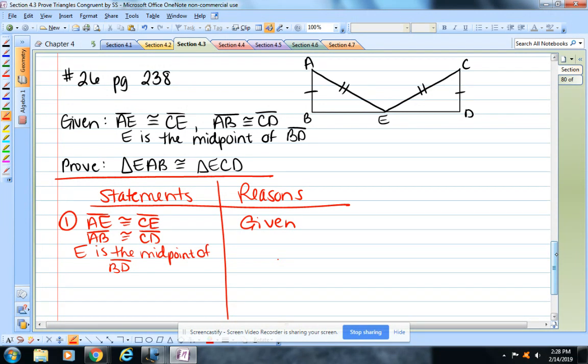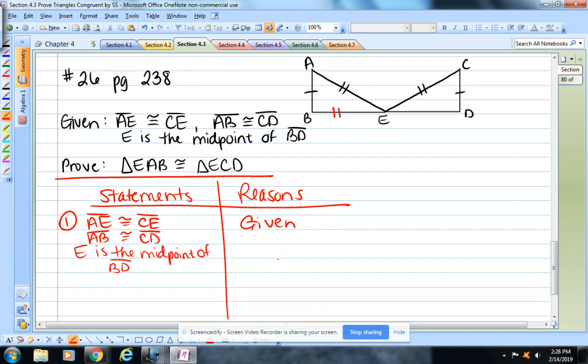What does that mean? That means that E is equidistant from both endpoints, right? What does equidistant mean? Same distance, right? So that means the length of BE is the same as the length of ED, right? Meaning those two segments are congruent.